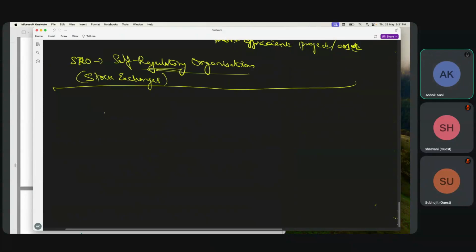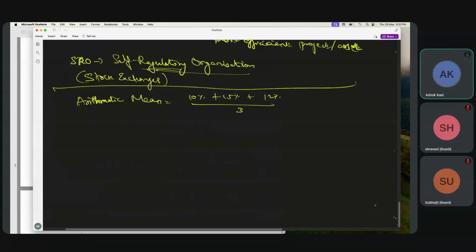See, geometric mean means, for example, what is arithmetic mean? First of all, arithmetic mean is, let's say, first year 10 percentage return, second year 15 percentage return, third year 12 percentage return.